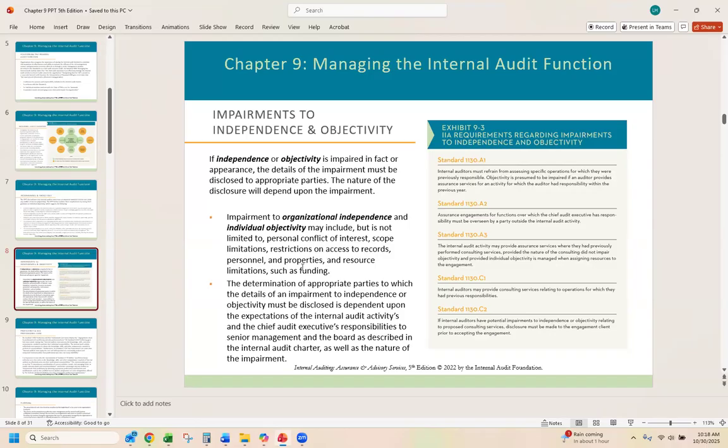Restrictions on access to records, personnel, properties, and resource limitations such as funding. At the last company I worked for, we didn't have an internal audit function because we weren't public and we didn't need one. But we actually had a limitation on our external audit report because we would not allow any of our auditors to see our payroll information.